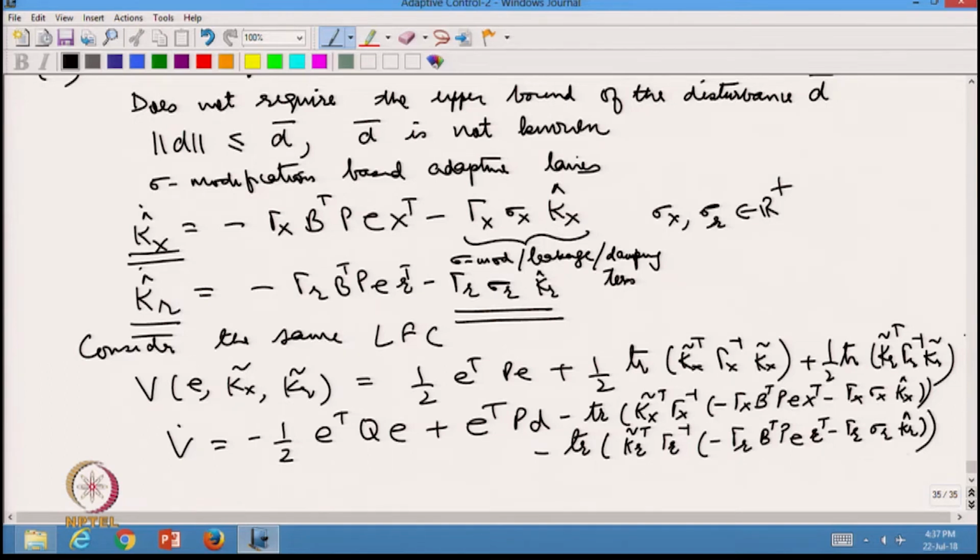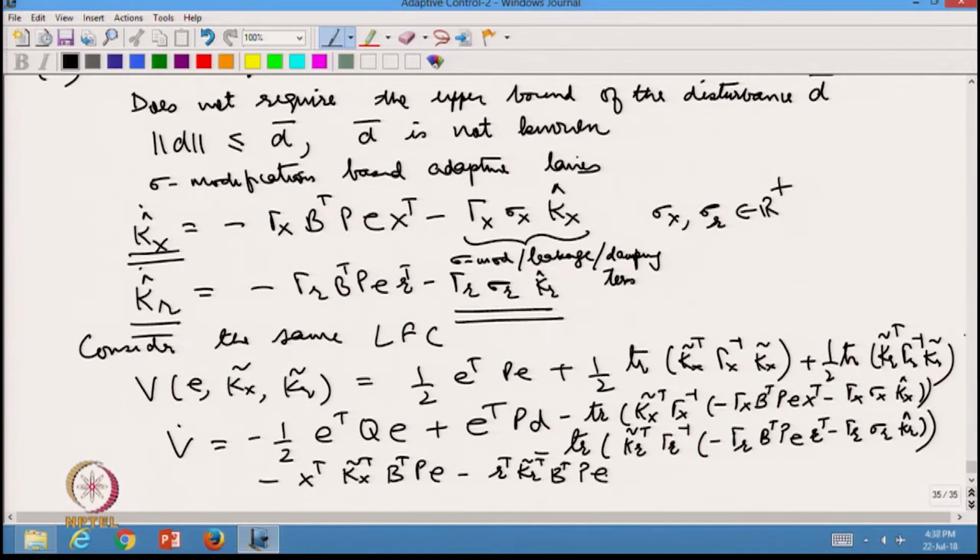Okay. Further, of course I missed the terms from the tracking error dynamics, which are cancelled by these adaptive laws. So, we have this minus x transpose kx tilde transpose b transpose p e minus r transpose kr tilde transpose b transpose p e.